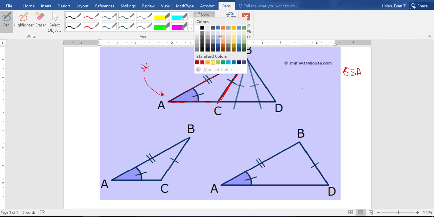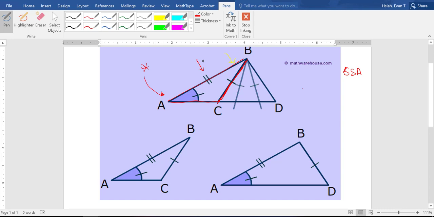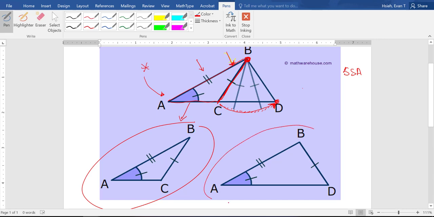And so I can take this side BC, and if you pretend there's like a hinge right here, I can actually swing side BC all the way over to right there and create a different triangle. So the first triangle we created was this one down at the bottom left. And now when this side swings across this way, because this angle is not fixed, it becomes an entirely different triangle.